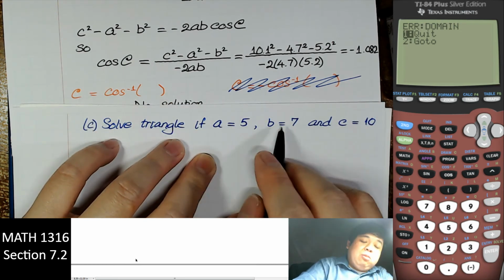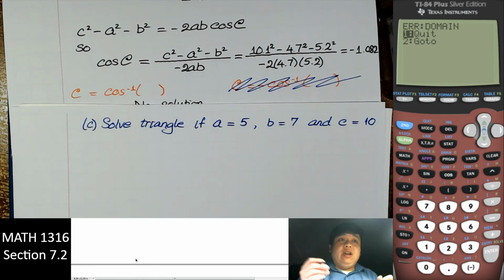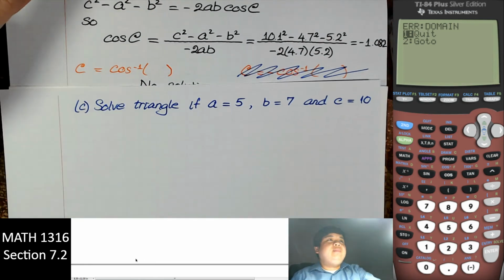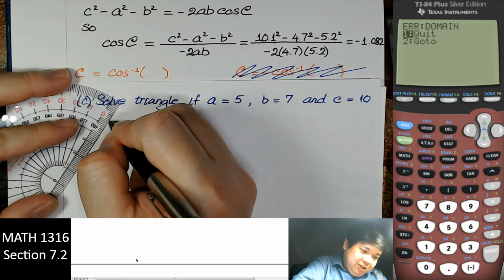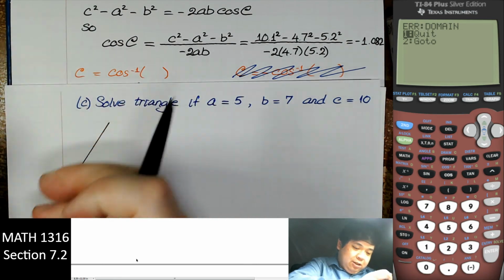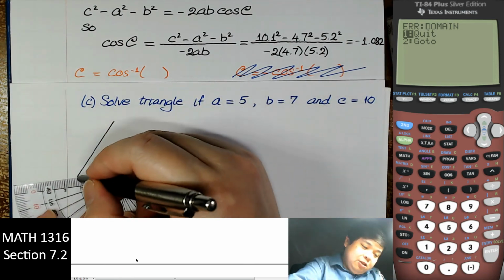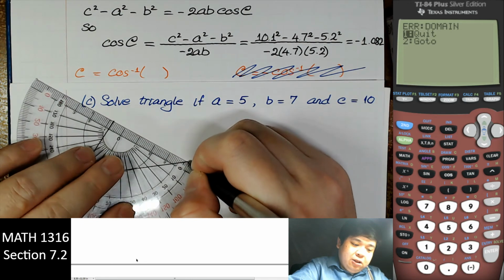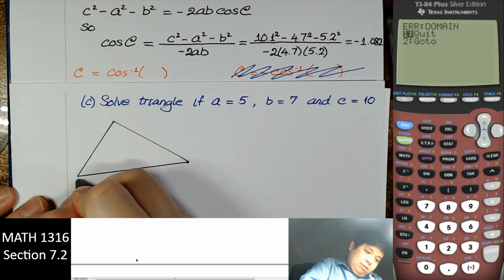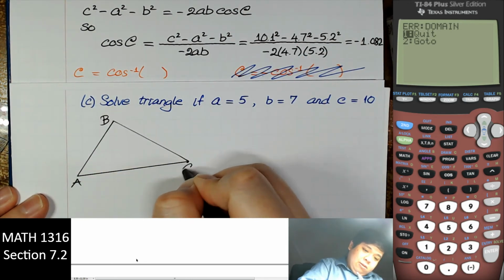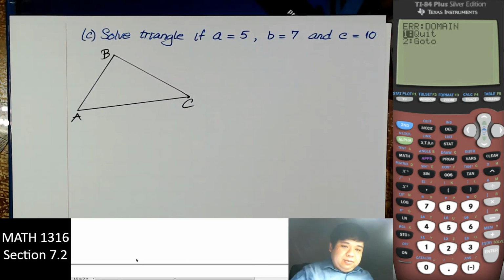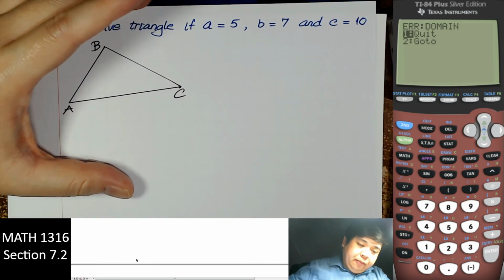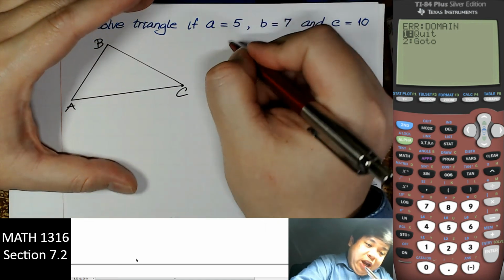Now 5 plus 7 is bigger than 10. Definitely we have a triangle here. Right. So let's draw a triangle. We only know the sides. We don't know the angles.